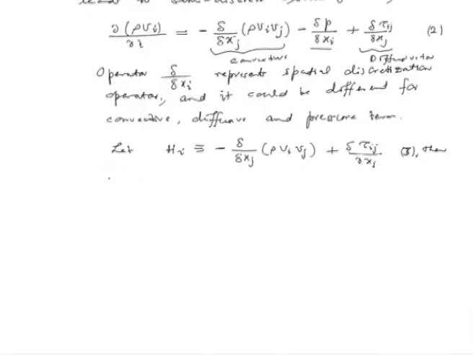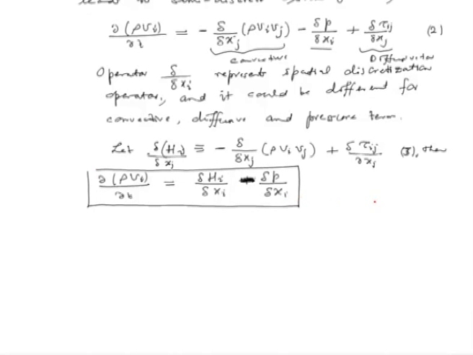So, then we can rewrite 2 as ∂(ρV_i)/∂t is equal to minus δH_i/δx_i minus δP/δx_i. So, this is the semi-discrete equation in terms of time.